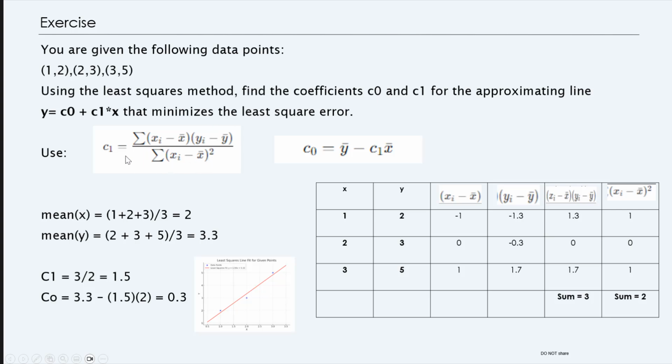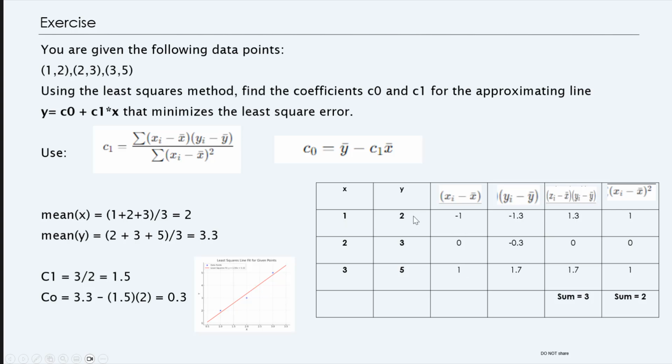Without going into details, here's the coefficient c1 given by this, and c0 given by this. Let's say we are given these 3 points x, y. We find the mean of the x coordinates, 1 plus 2 plus 3 divided by 3, and the mean of the y coordinates. Then we find xi minus x bar and yi minus y bar for each point. So for each point we take x and subtract x bar from it. So 1 minus 2 would be minus 1, and so on.